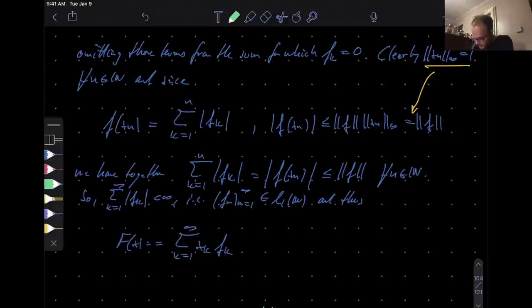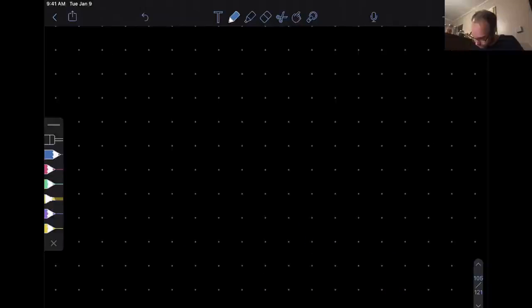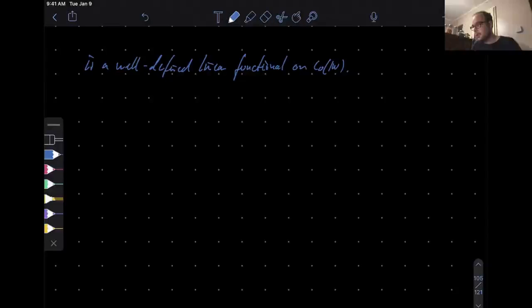Since this here is summable, and if the x_k's are a sequence that converges to 0, this will be a well-defined linear functional on Z0. Okay, however, now comes the same checking that we did in the previous example.